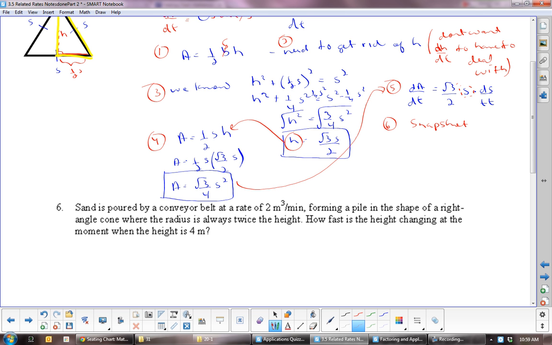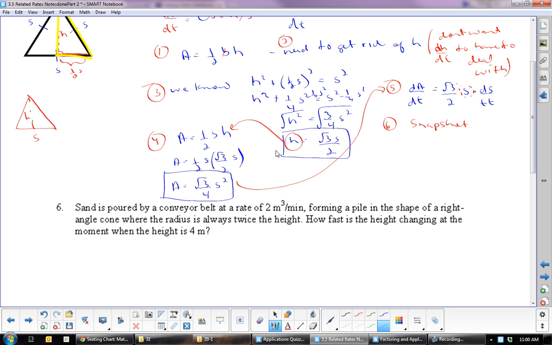More specific to this question. 1/2 base times height is the general formula, but mine was S. No, when you're doing an entire triangle, it's 1/2 S times H. The reason I had to put that half S in there was for Pythagoras. Okay, those are good questions, because you're probably not the only one.